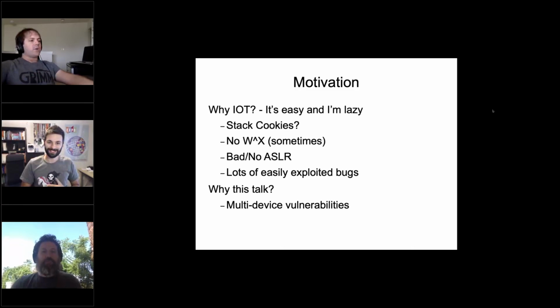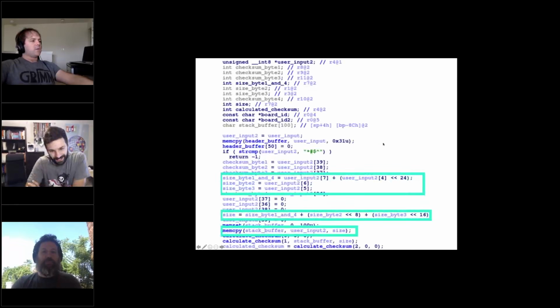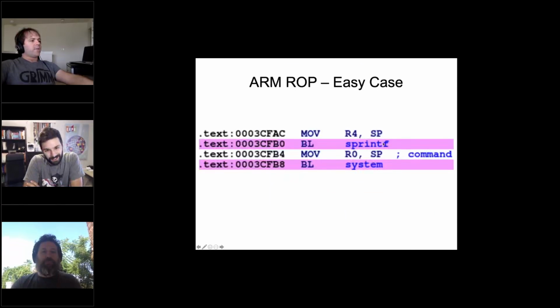And so when I showed screenshots of the gadgets, this is inside of HTTPD. And so its address is always 3CFB4, and we can always jump there. But if I were to try and find a gadget inside libc for the R7000, which does have ASLR, that's randomized. The problem is if you don't apply ASLR to everything, I can find gadgets in the things that aren't randomized.